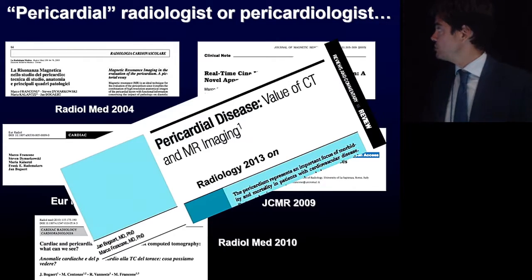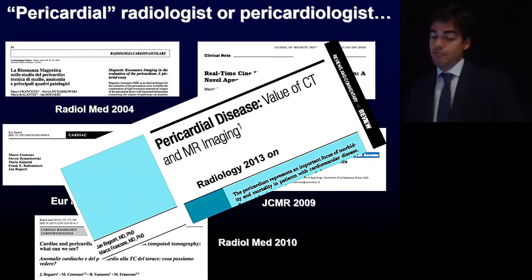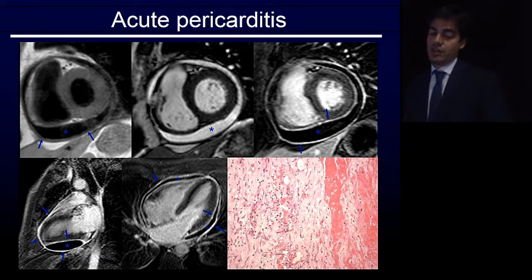This is a review we wrote 4 years ago in Radiology, summarizing what we just mentioned. Acute pericarditis, how is the diagnosis done? It's shown here. The various changes that you should look at are depicted in this patient.